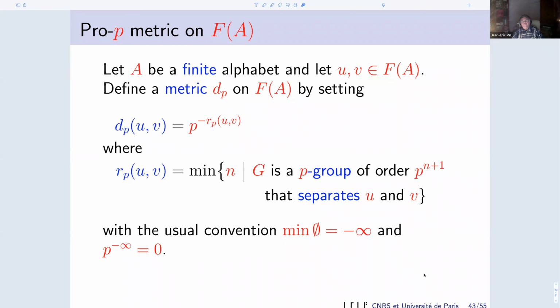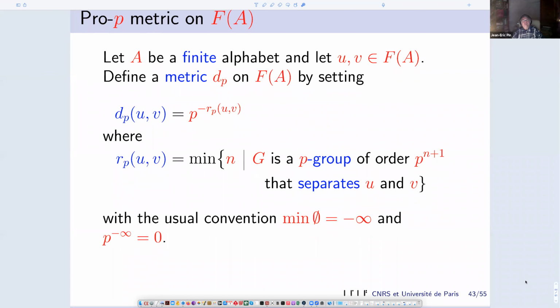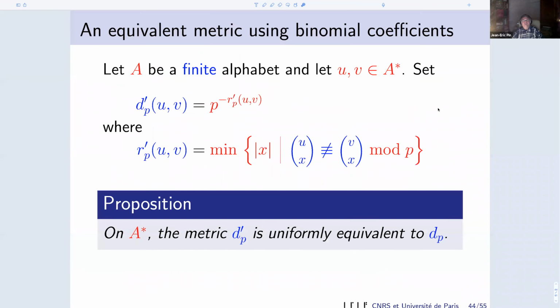But for the free monoid, I will show you another equivalent way, which is quite interesting also, because it makes use of this binomial coefficient I introduced before. So now you take two words of the free monoid, U and V. You look at the binomial coefficient of U versus X, and you compare it with the binomial coefficient of V versus X, mod p.